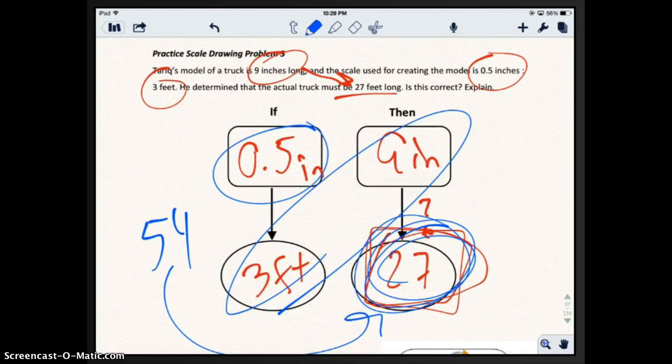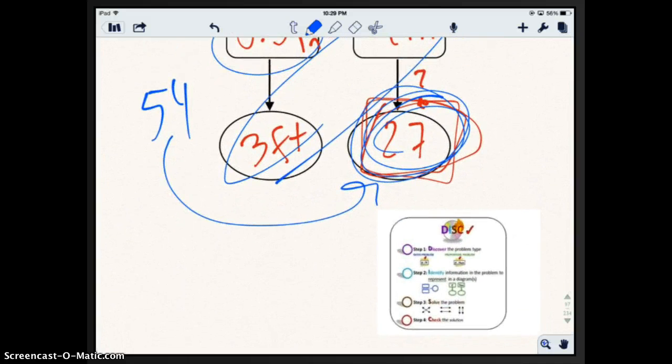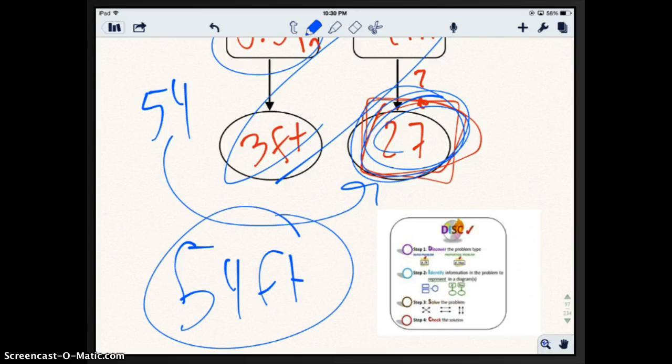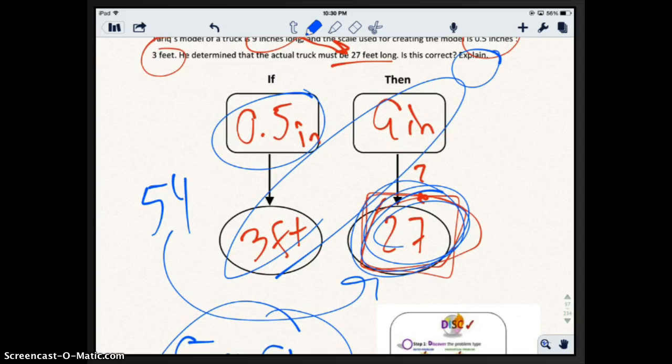He's wrong, this guy Tariq. It's supposed to be 54 feet long. And that is a really long truck. Hopefully he's not talking about a pickup truck. So 54 feet, and then the explanation is what I just said out loud.